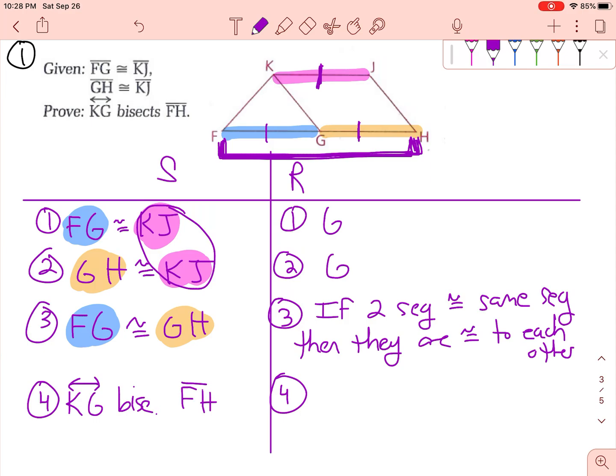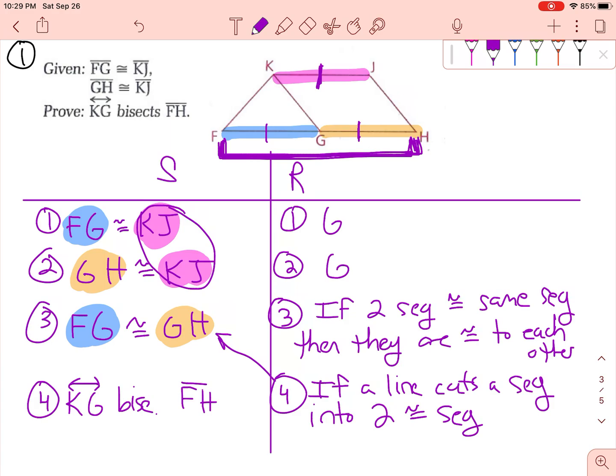Okay, go back to step 3. This is your if part. So if a line cuts a segment into two congruent segments, and it did in step 3, then it bisects the segment.